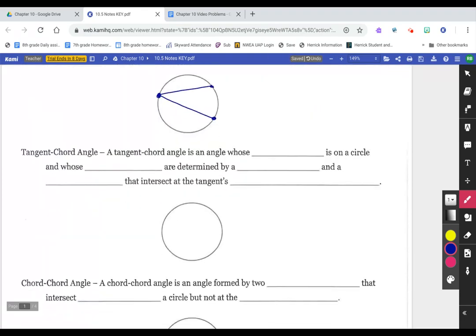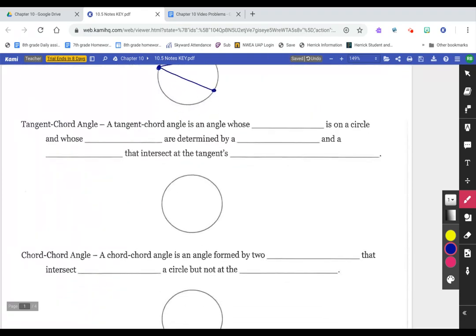All right. A tangent chord angle is an angle whose vertex, again, is on the circle and whose sides are determined by, it says it in the name, a chord and a tangent, because it's the tangent chord angle. So a chord and a tangent that intersect at the tangent's point of contact.